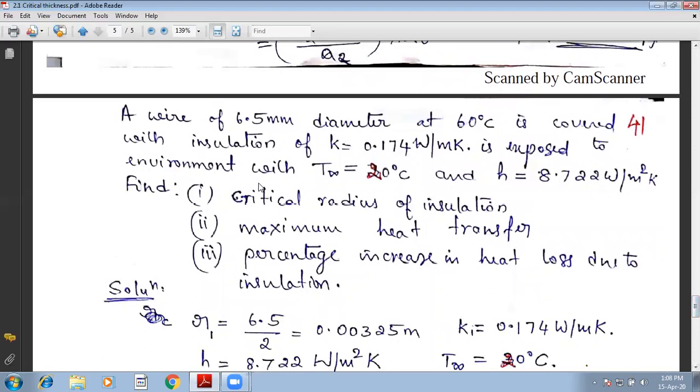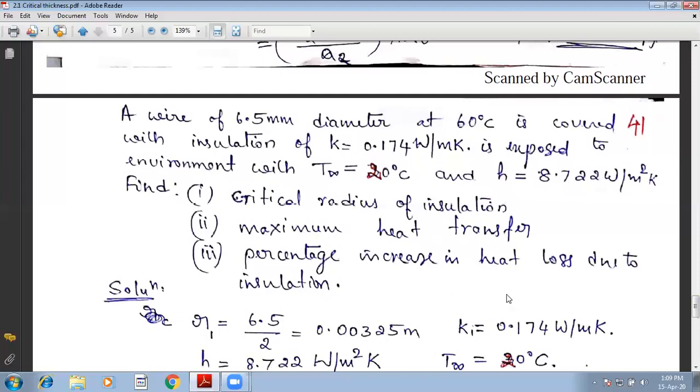It is exposed to environment with a temperature 20 degrees Celsius and convective heat transfer coefficient 8.722 watt per meter square Kelvin. So these are the given conditions. Find the critical radius of insulation. Next, maximum heat transfer, percentage increase in heat loss due to insulation.